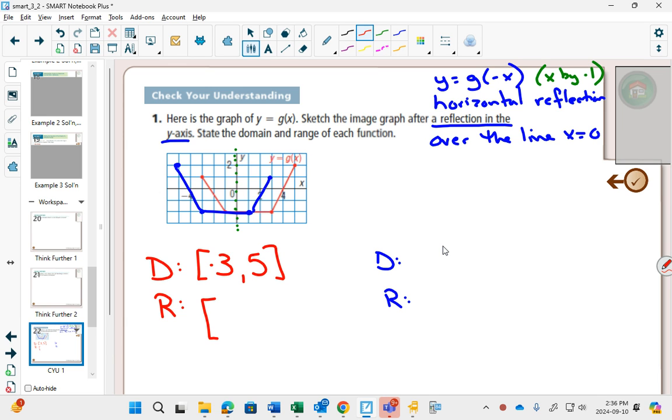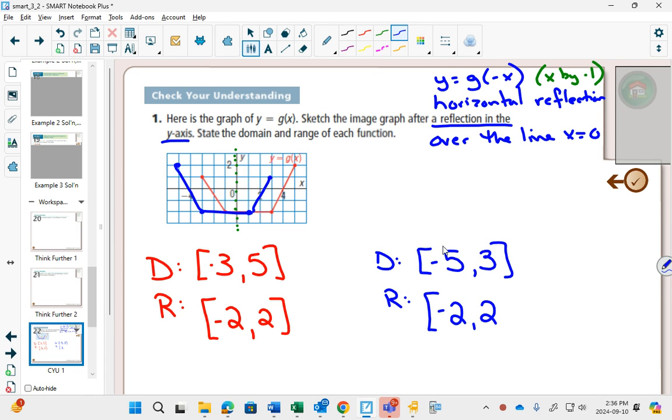And for my range, my smallest y value, -2, and my biggest y value is +2. For the blue graph, now my smallest x value, -5, and biggest x value, +3. And range, smallest y value is -2, and biggest y value is +2.